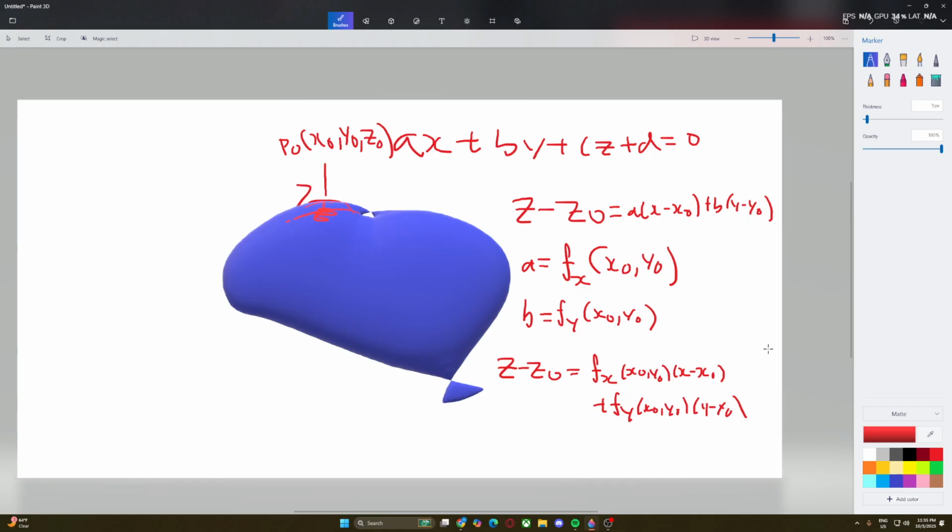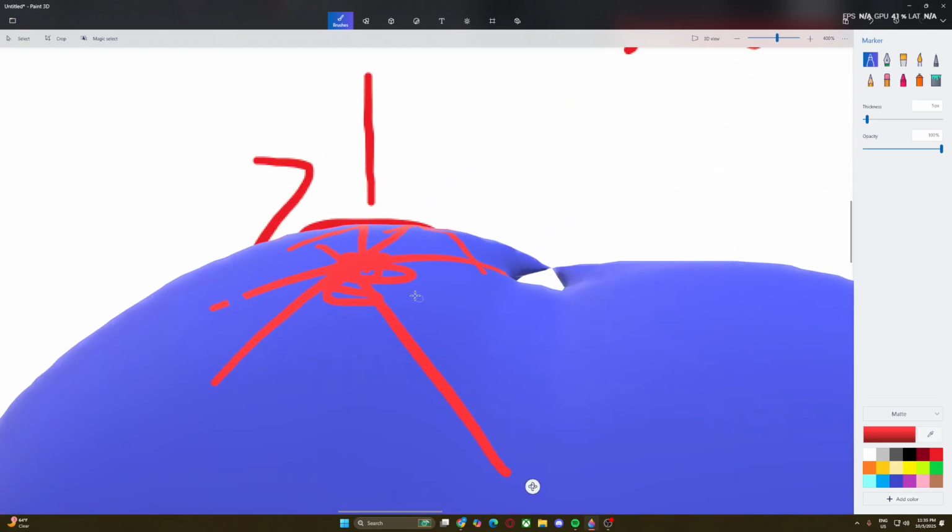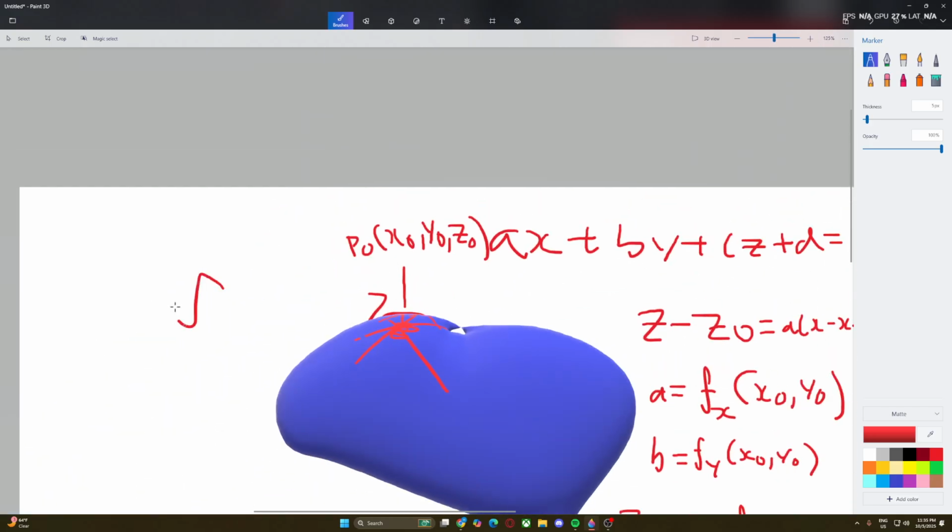And I said there's multiple tangent lines, right? This is a discussion for a different video, but fx and fy are tangent lines at this point and are not the same as some other ones. So say this is fx and this is fy, the derivative.